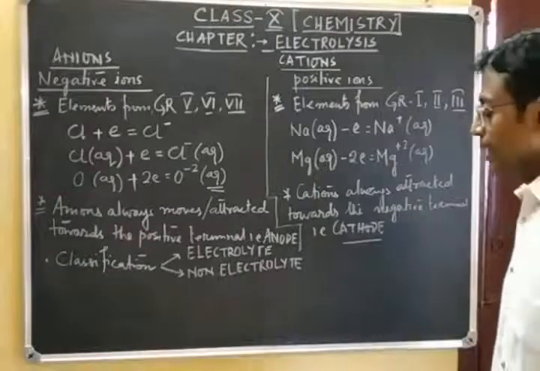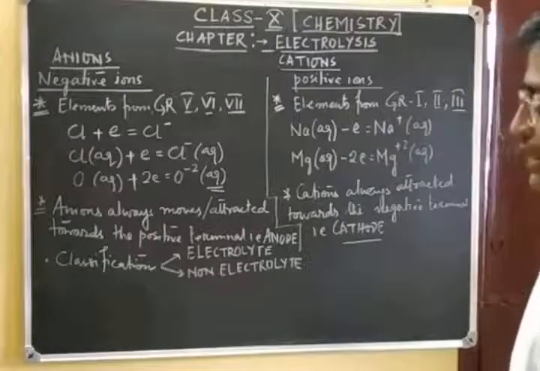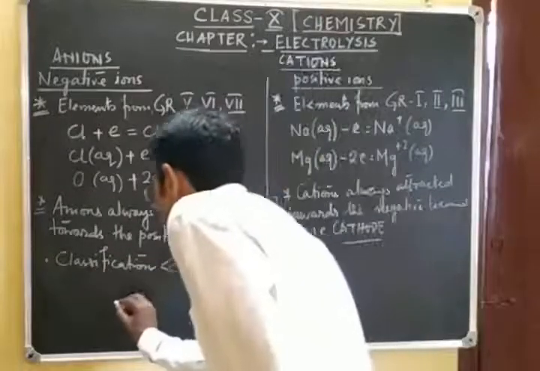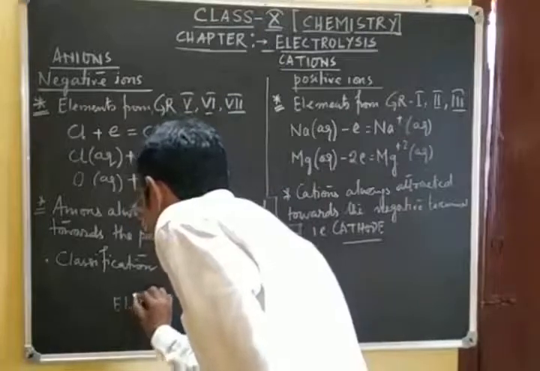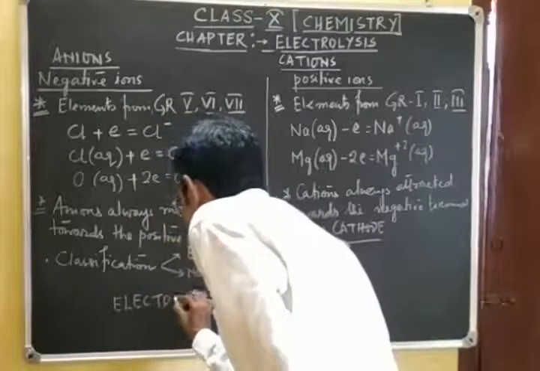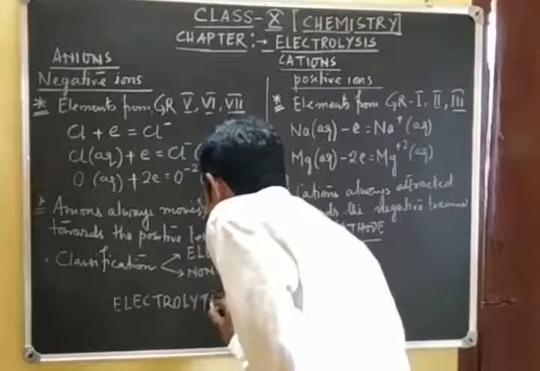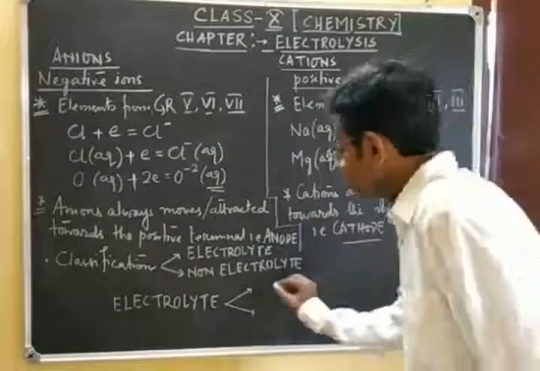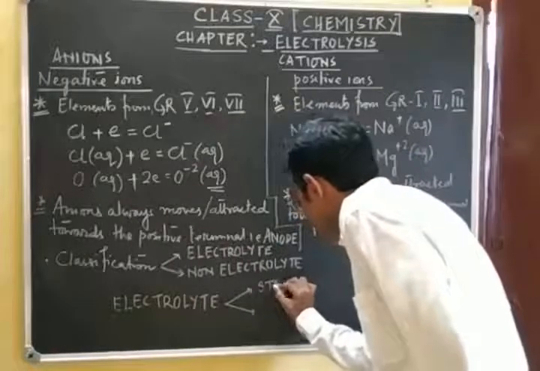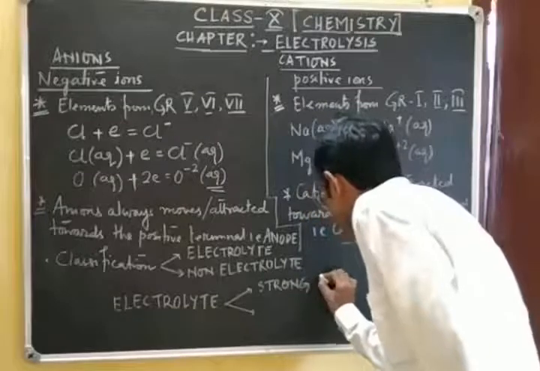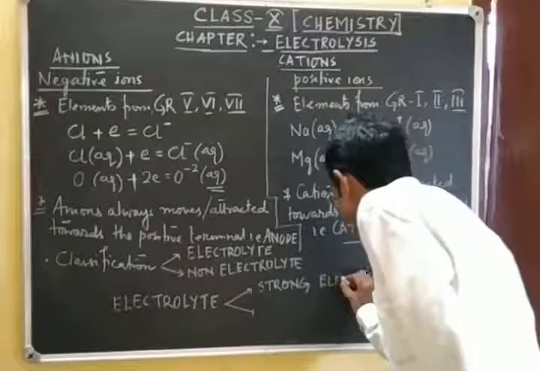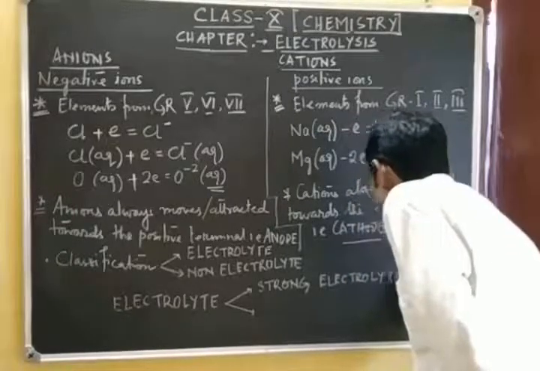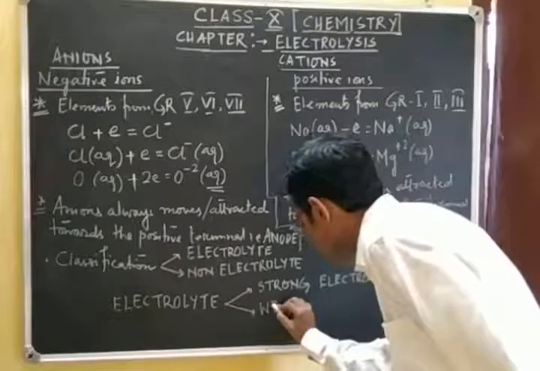Now again, electrolytes can be classified into two categories. One is called strong electrolyte, another is called weak electrolyte. So further classification: electrolytes can be classified further into two categories, strong electrolyte and weak electrolyte.